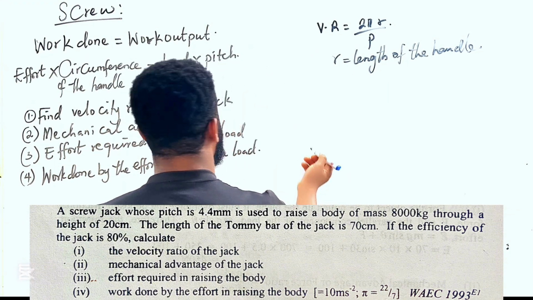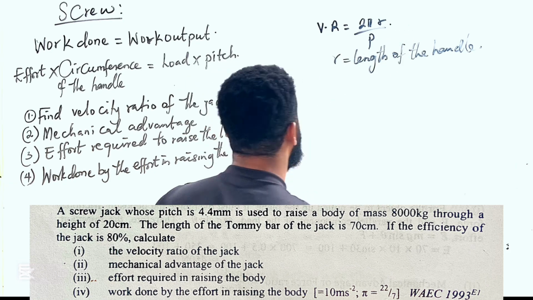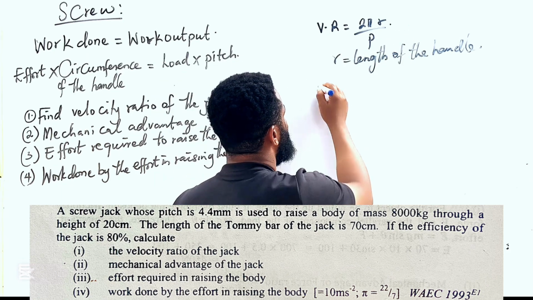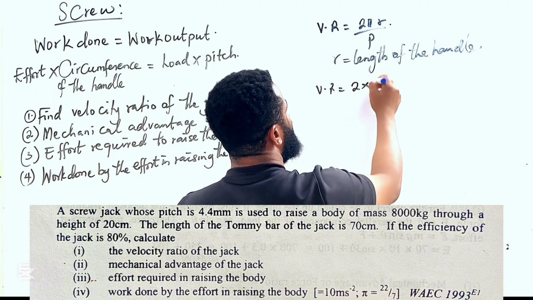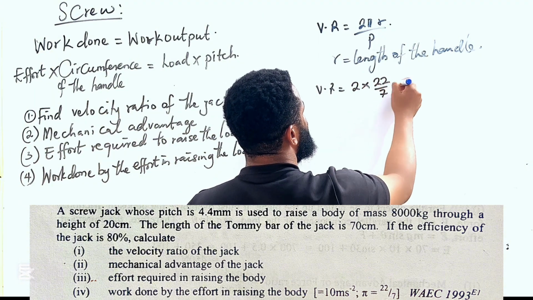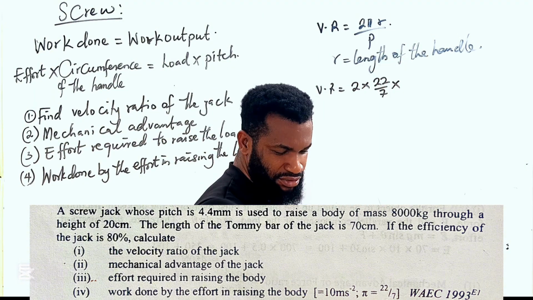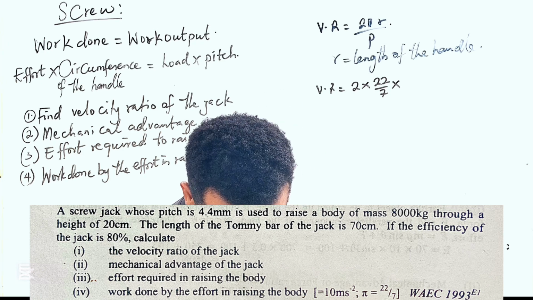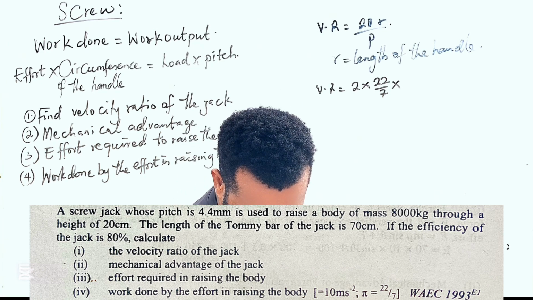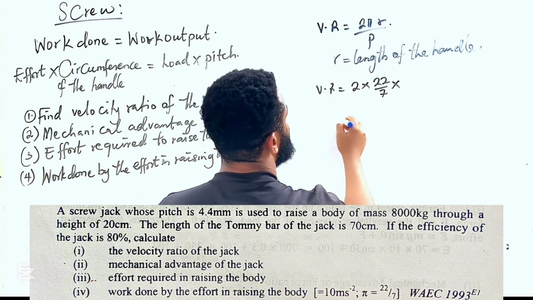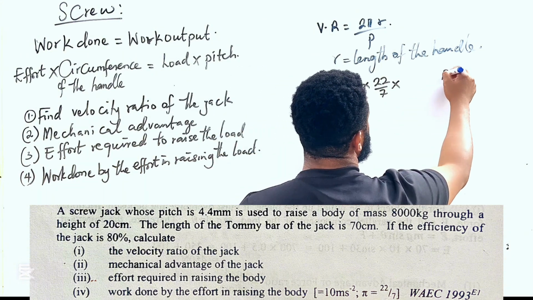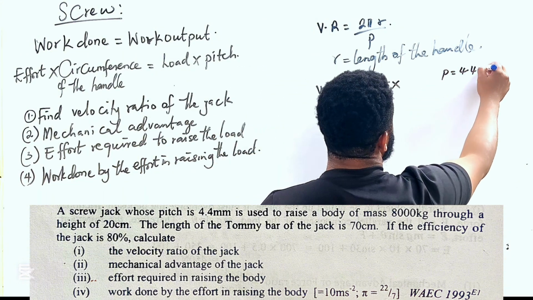So let's go with the first one, which is velocity ratio. If you look at the question, velocity ratio is going to be equal to 2 times π, which is 22 over 7, times the length of the handle. If you look at the question, it says the pitch is 4.4 millimeter.